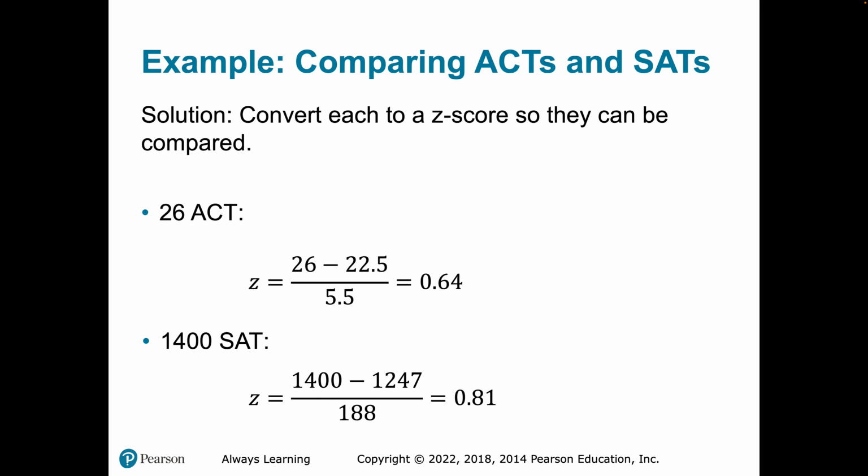Well, we can calculate a z-score for the ACT by taking 26 minus the mean of 22.5, divided by 5.5, and we get 0.64. We can calculate the z-score for the SAT of 1400: 1400 minus the mean of 1247, divided by 188, and we get 0.81. So relative to their distributions, the SAT of 1400 was a slightly better score because its z-score was higher.